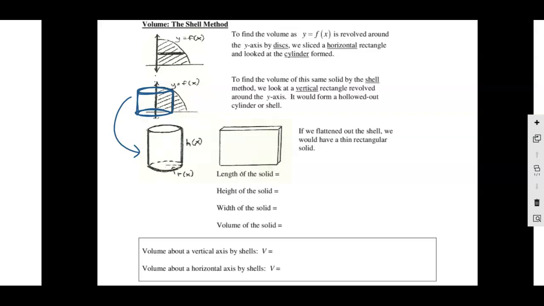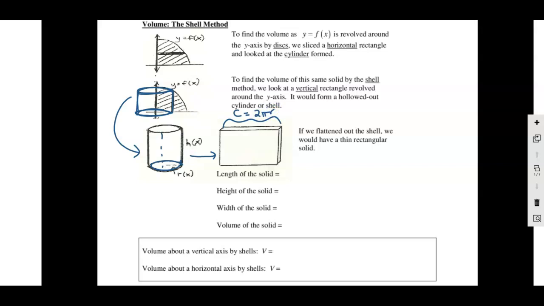And that shell, if we were to think about taking a pair of scissors and cutting it and unraveling it, that shell would unravel and it would be a rectangular prism. I think about taking a toilet paper roll, cutting it, and then the length of this rectangular prism would have been the circumference of the cylinder, which we know is 2 pi r.